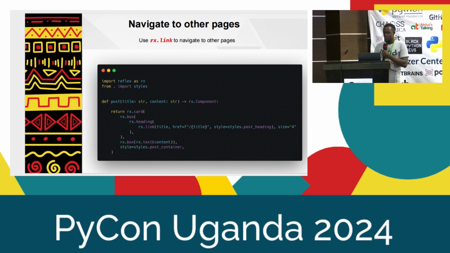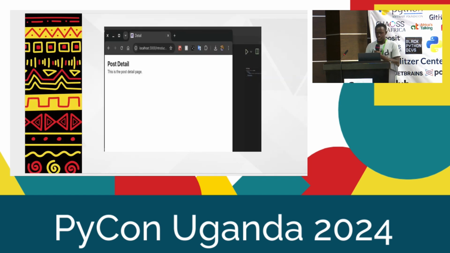So what I do here is to provide the title of, let's say, a specific post, so that when someone navigates to that component and clicks that link, they'll be able to navigate to the page that has the details of that specific post. So this is just the detail page that I've created. It doesn't have any dynamic data yet, but just demonstrates that you can navigate to another page.